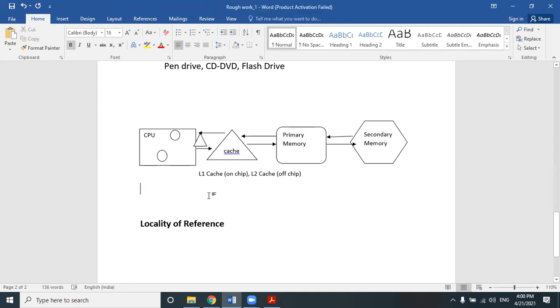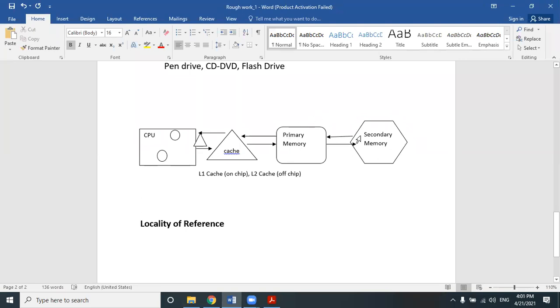Okay, understood? And this overall process is called locality of reference, because the data has to be searched first in the local area, that is cache memory. If it is not found, then it will search in the nearest local area, this primary memory, and if it is not found, then it will search the secondary memory.